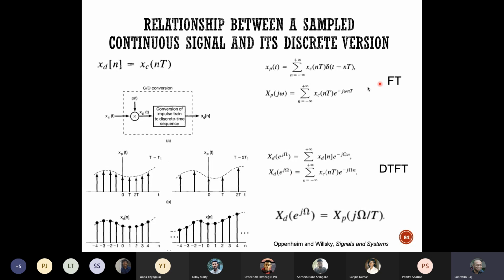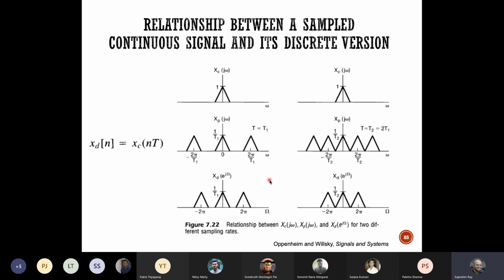Then the Fourier transform of the original sampled signal and the discrete time Fourier transform of the samples given by this are intricately related, as you might imagine. And how they are related is that if you look at the Fourier transform of the sampled signal, you get this.